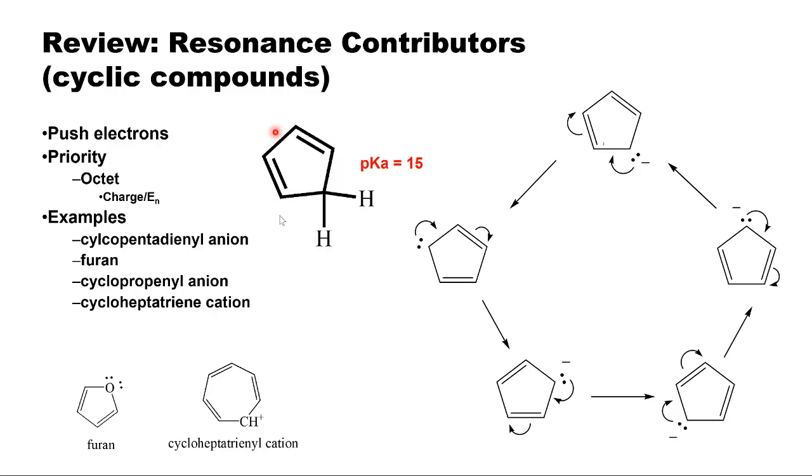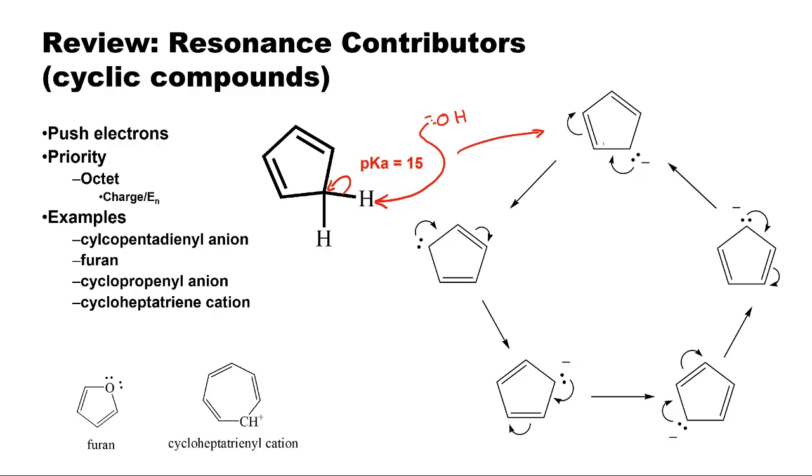And cyclopentadiene has a very low pKa because of the aromaticity of the ring after you pull the hydrogen off. So if you have a base like OH minus even, it will attack the hydrogen, and you can put the pair of electrons onto that carbon. That gives us this structure here.